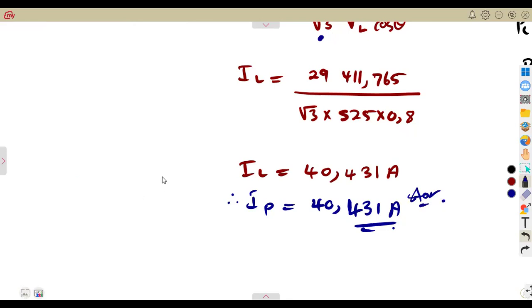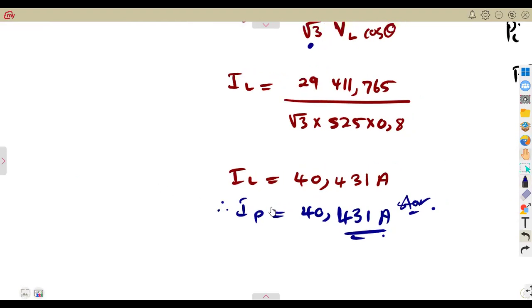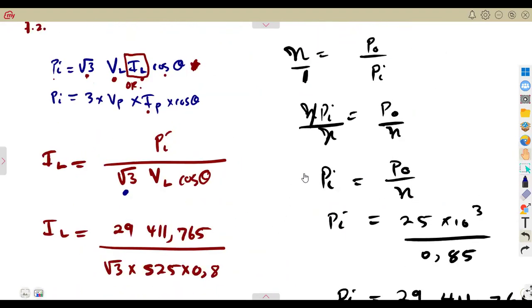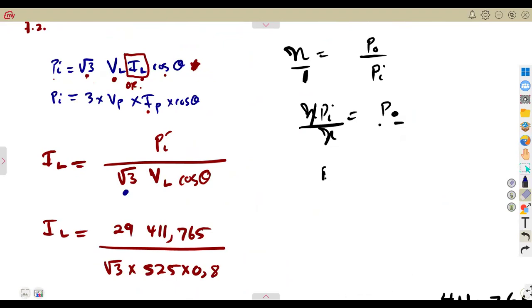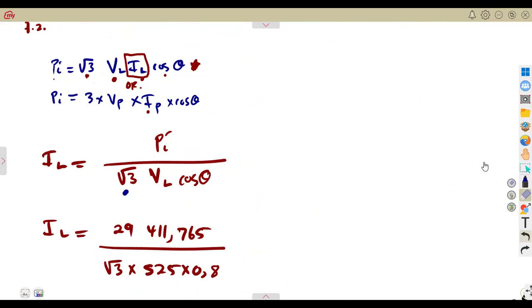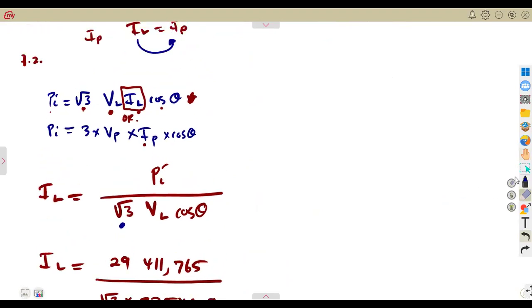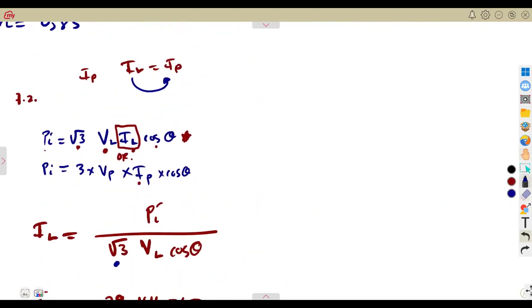So you must know your connections. You must understand how these connections are given or presented. In the same sense, we can also determine this from the very same power formula, but using the phase, just because these values are rounded off figures.